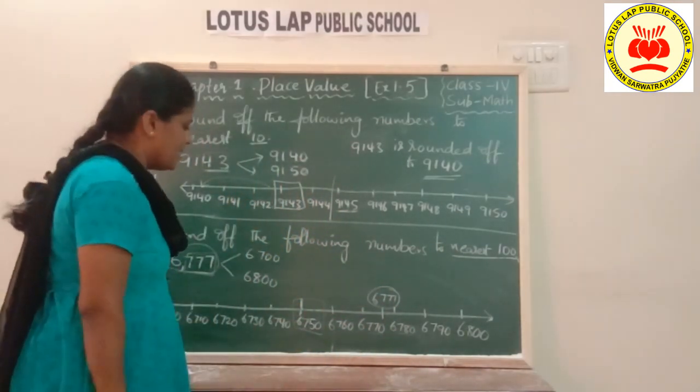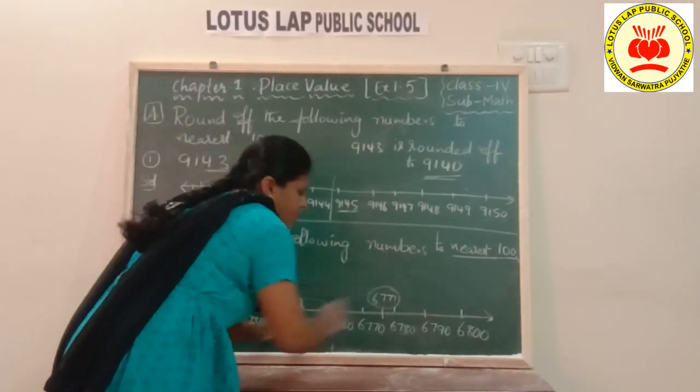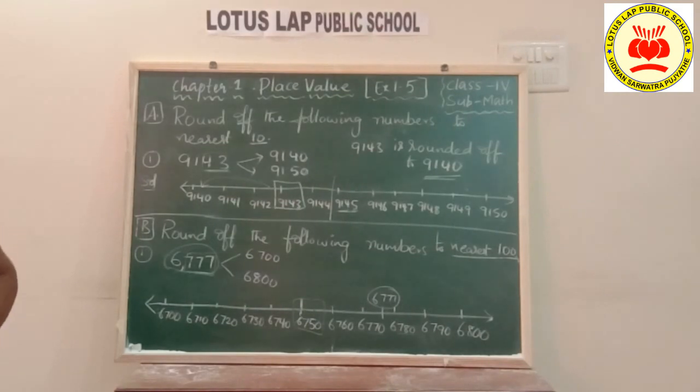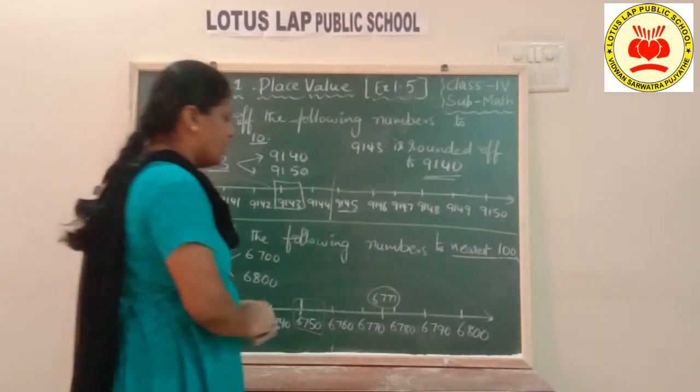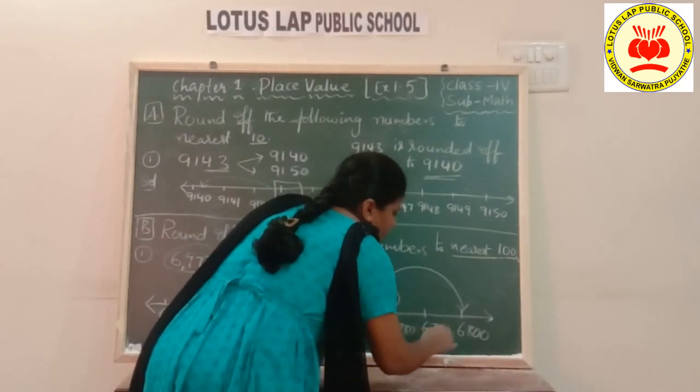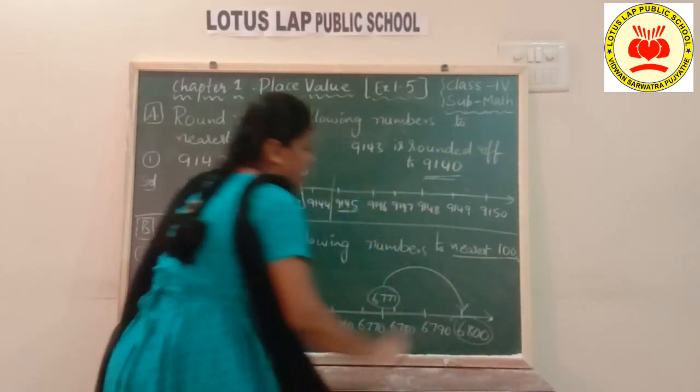So the numbers from the middle and above are always rounded off to the right extreme. As I said, always rounded off to the right extreme. It means this number is rounded off to 6,800.